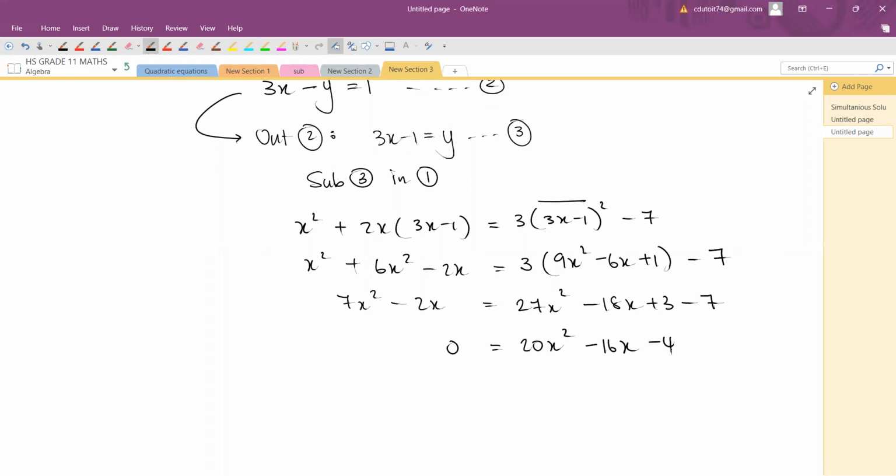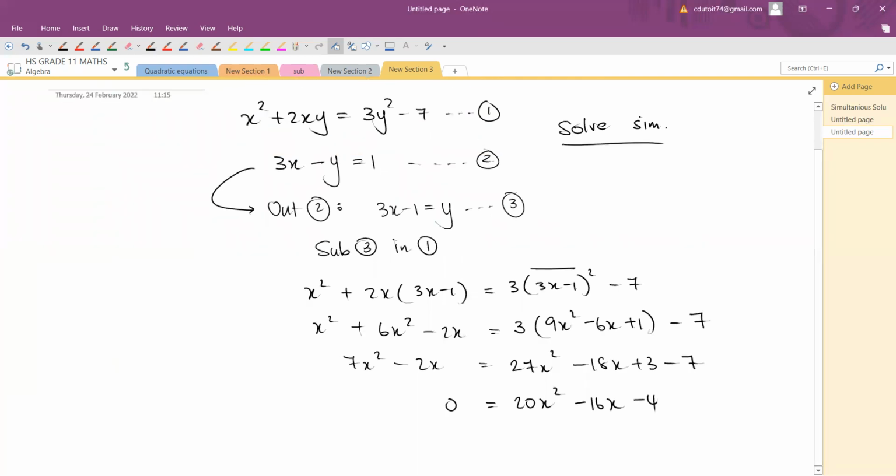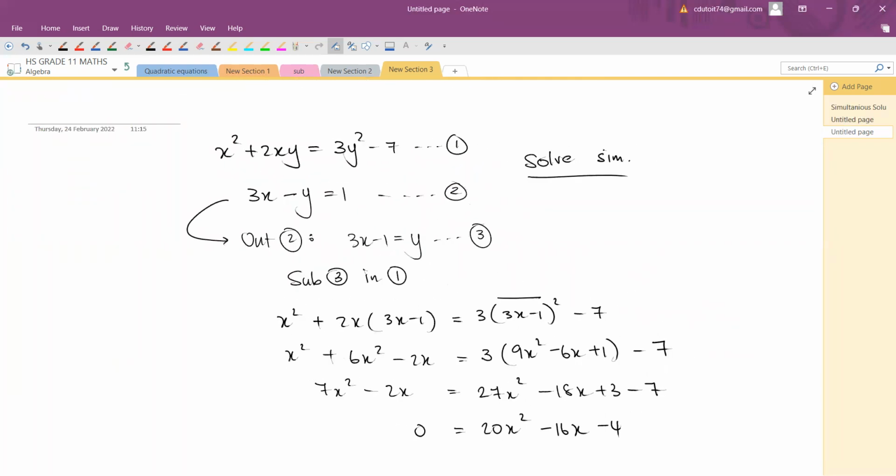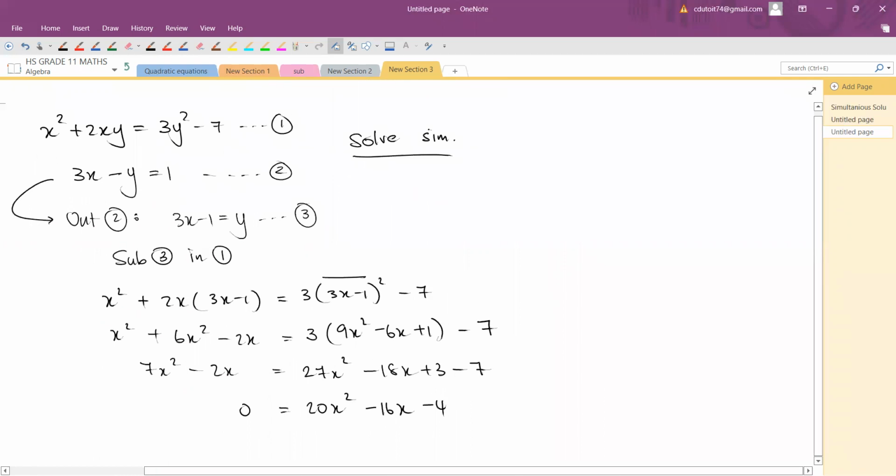Yeah, you want to keep everything equal to 0. Is that what you were asking? Yes, that is what I was asking. Otherwise, you can't solve that trinomial. I'll also divide by 4. And it doesn't matter which side you write the 0.